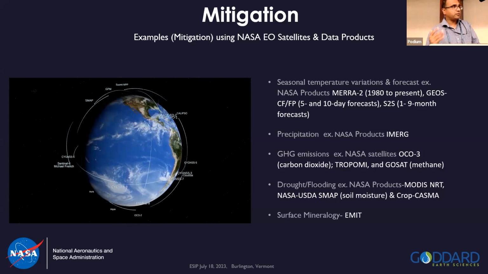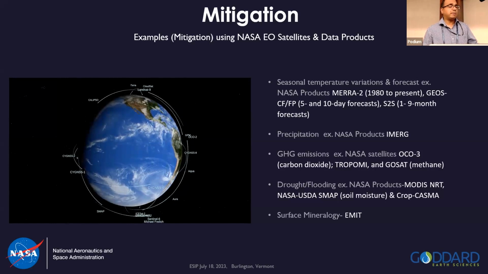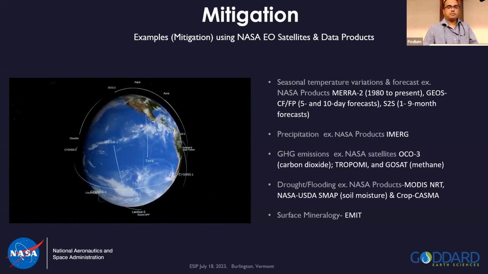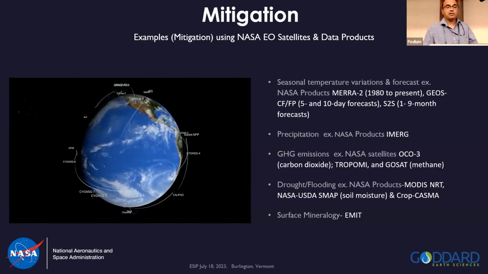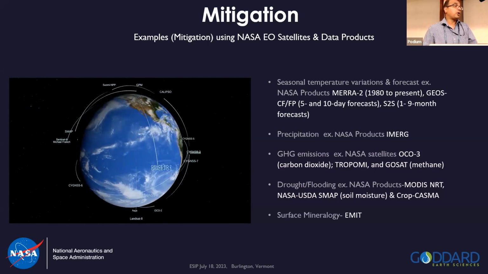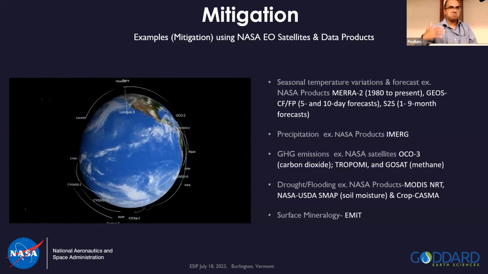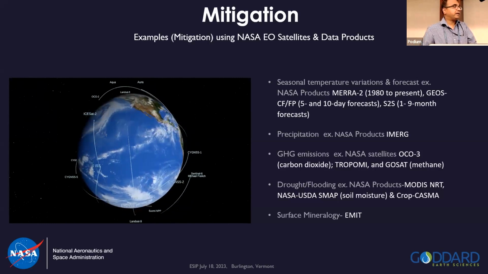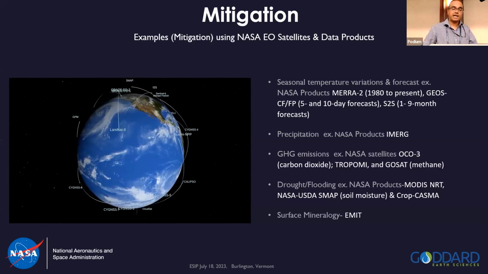So some examples of the products and instruments that would go a long way in mitigation related studies would be MERRA-2 products, which is a reanalysis product, the GEOS forecast model, 5 and 10-day forecast, and S2S, which is longer. Then the IMERG product, which is precipitation related, again easily available in the public domain. There are also specific greenhouse gas emission measurement instruments, OCO, TROPOMI, and GOSAT.